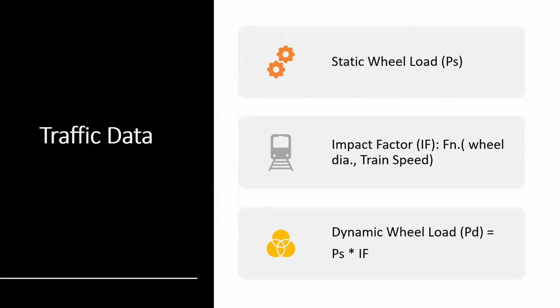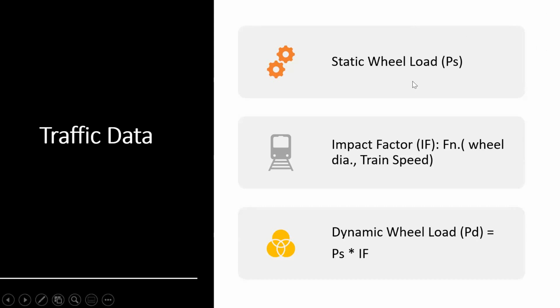Luckily, because rail engineering is a very standardized profession, there are a lot of tables and manuals. Just to name a few, the British Standard, the AREMA, and the Canadian CN Rail standards provide tables that discuss the static wheel load depending on the type of train you're using.